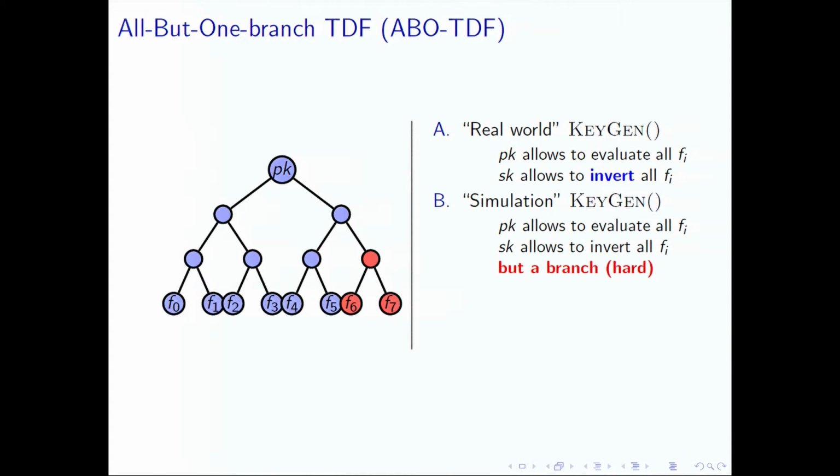To provide the proof, we also have this simulation key generation procedure, where it's going to work all the same, except that the secret key will now allow you to invert everything except 1 branch of the tree. And this branch is going to be hard. And knowing only the public key, you cannot really distinguish in which case you are.